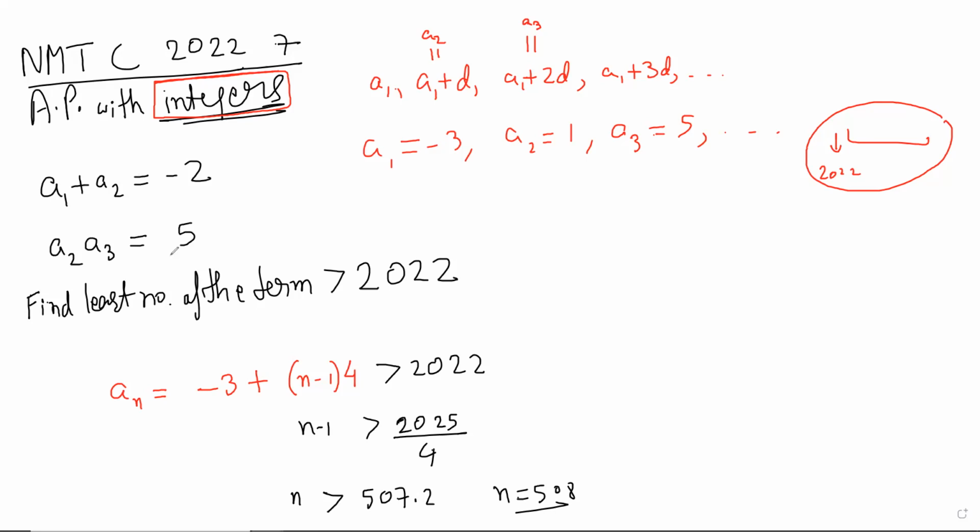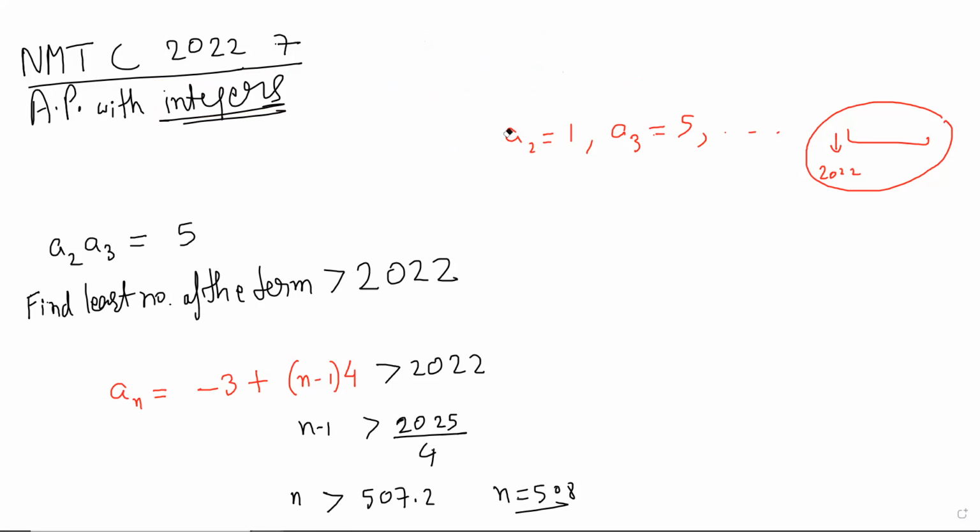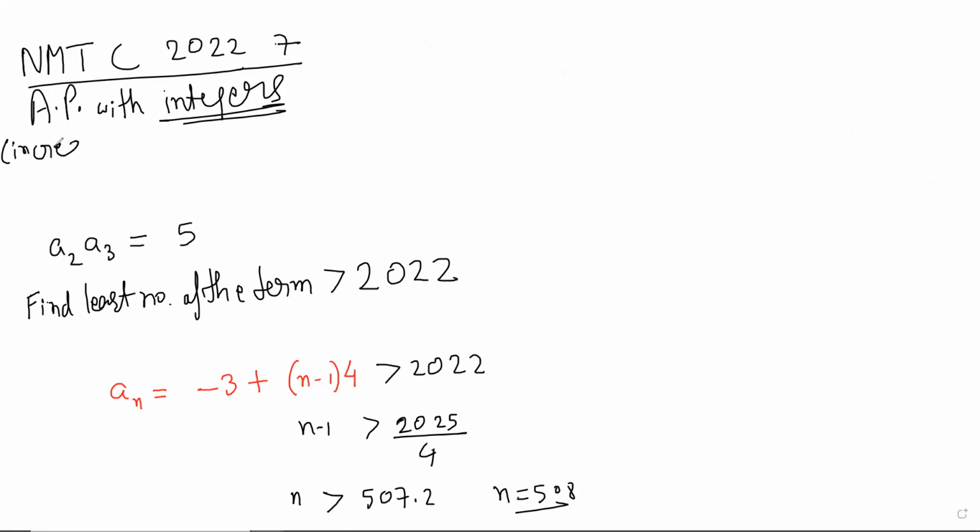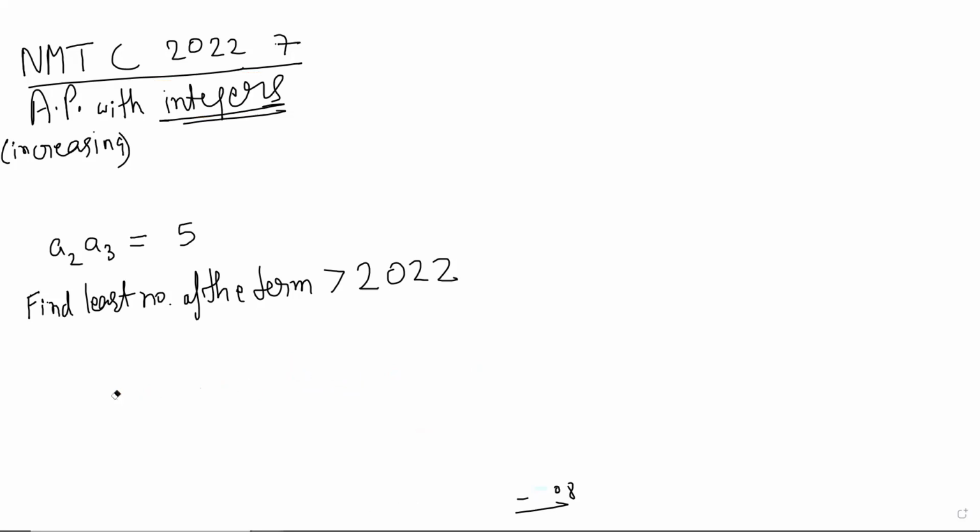What if I did not give this condition? Can we still do this problem? What if we only had the second condition, and an increasing AP? Sir, if only this case is there, then when I solved it using this, I got three cases.